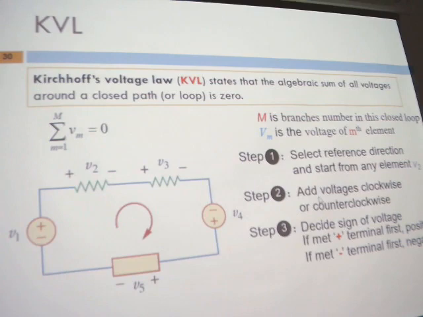Step 2, add voltages clockwise or counterclockwise. And in step 3, we decide the sign of voltage. If we meet the plus terminal first, positive; meet the minus terminal first, negative. It's actually more familiar.